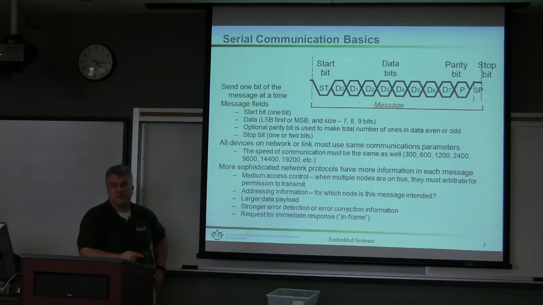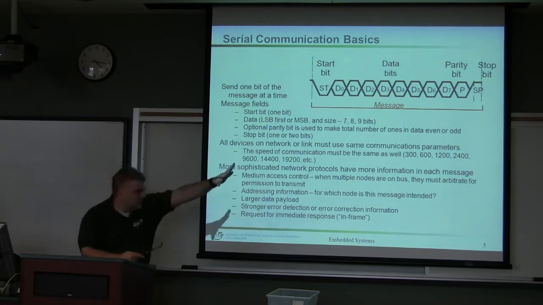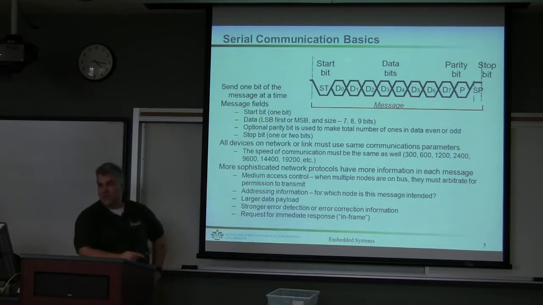Each byte is 8 bits. 8 times 64 is 512. So I'm just going to send 512 bits at one time. And it sends it out. Why does that not work? What do you think?